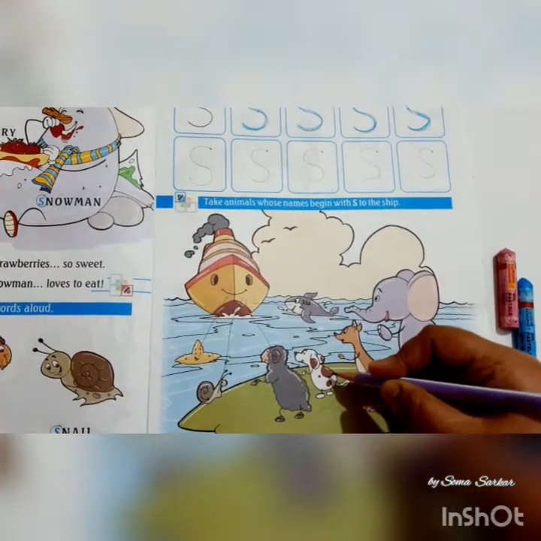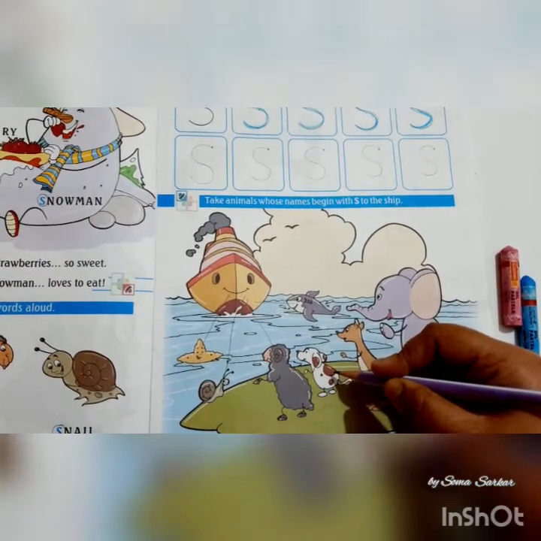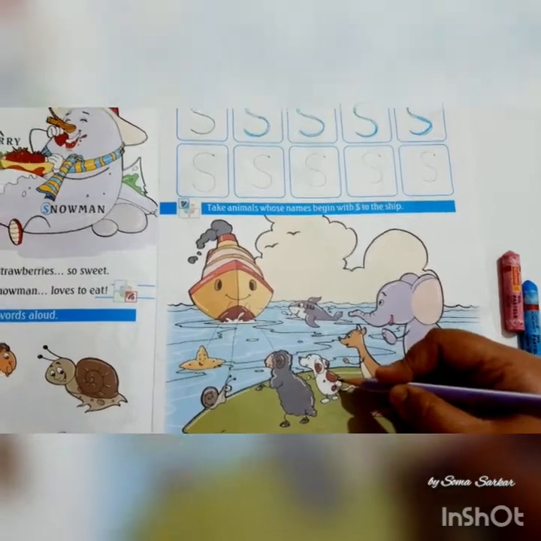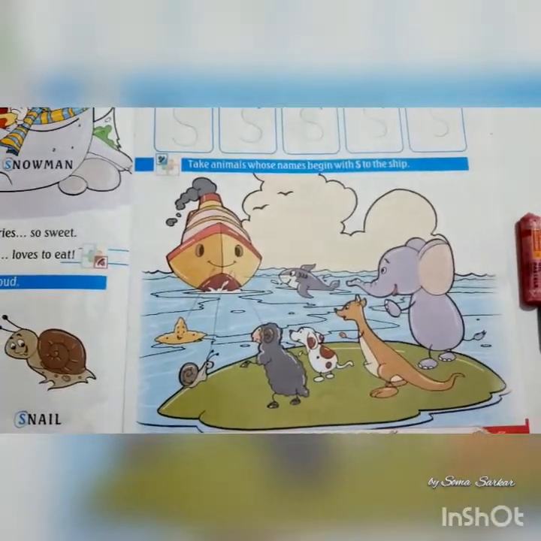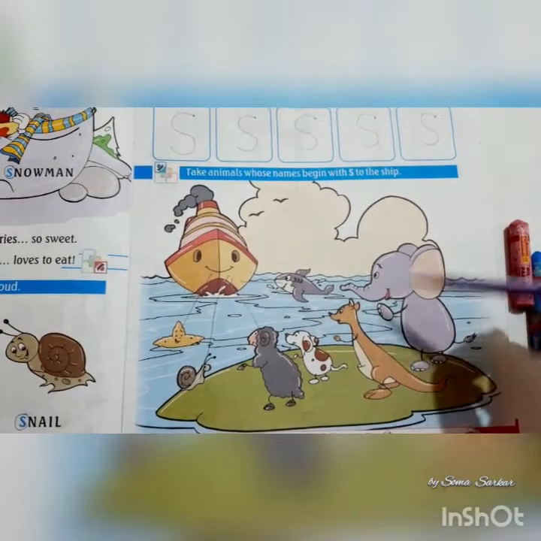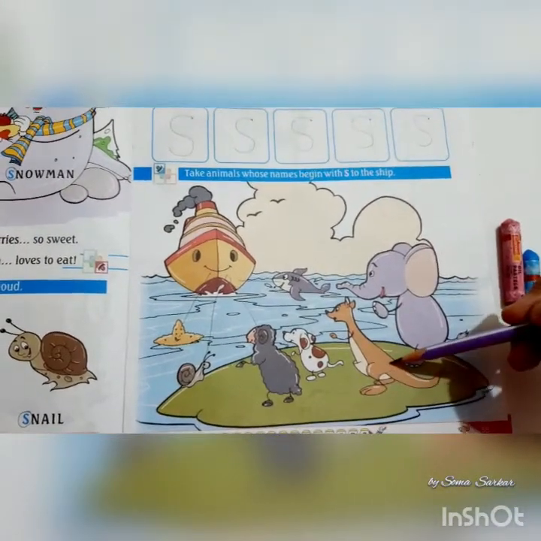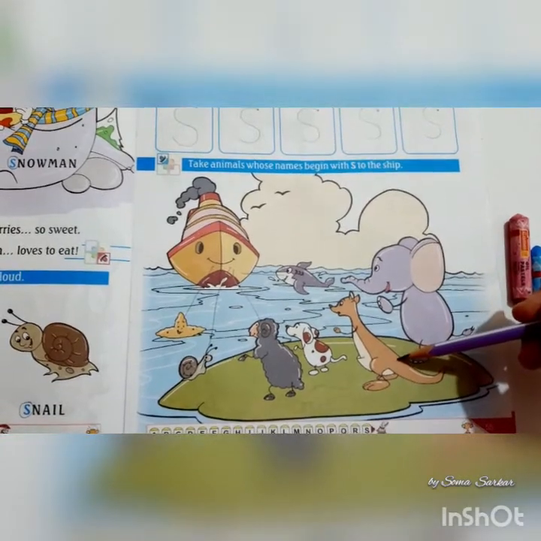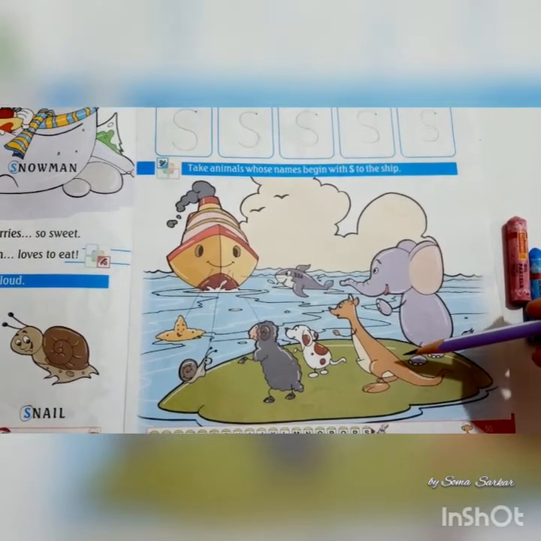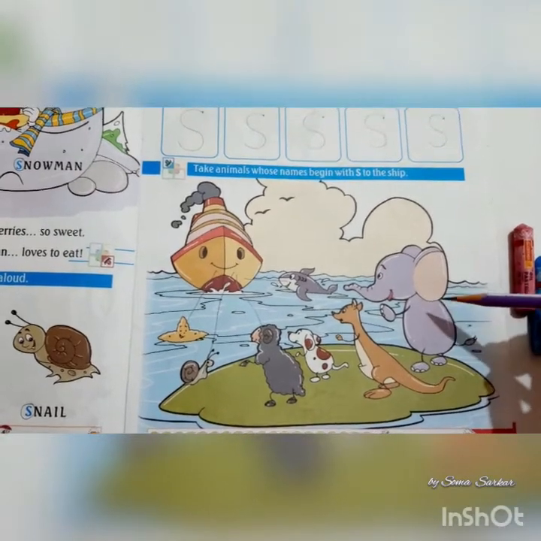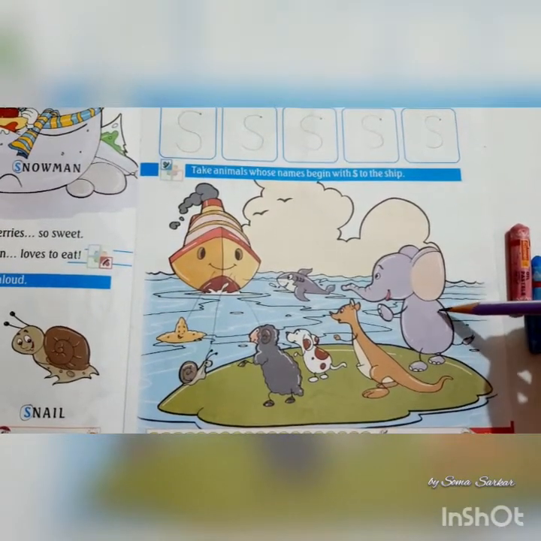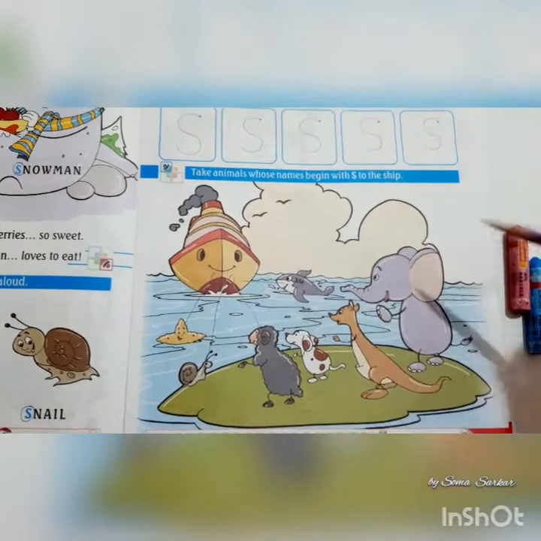Dog. S is for dog. Is it right? No, it's wrong. D is for dog. So we can't take the dog. K is for kangaroo. So we can't take him.